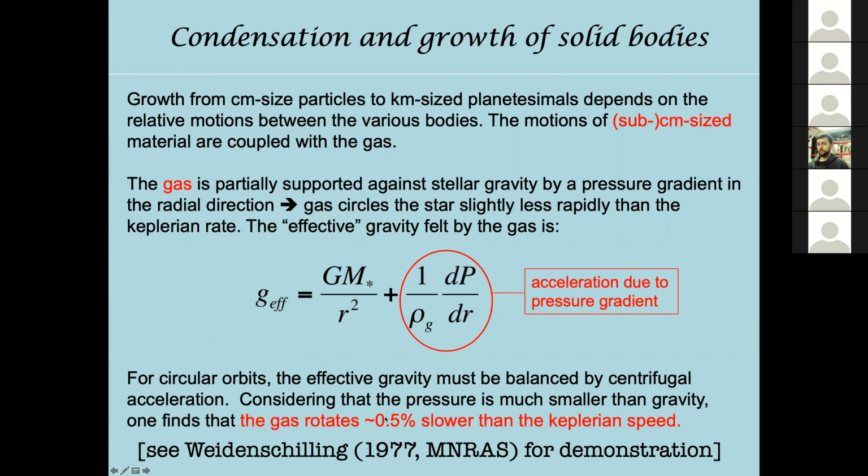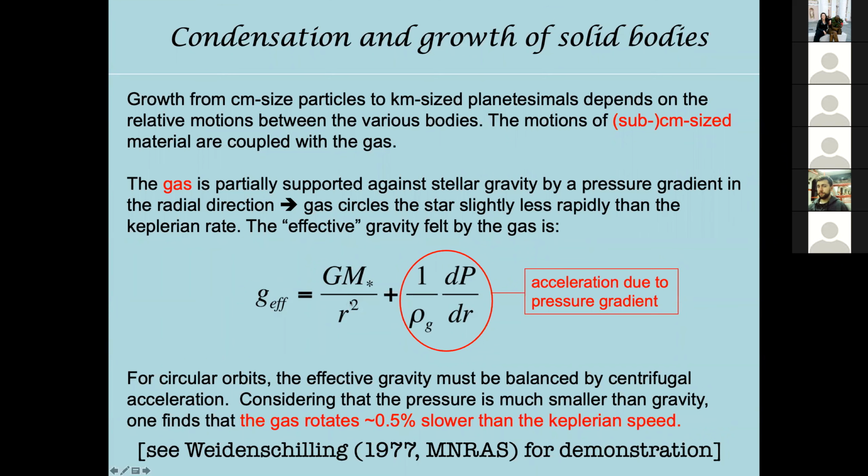As I wrote here, considering that the pressure is much smaller than gravity, one finds that the gas rotates about, you see it's a small number, 0.5% slower than the Keplerian speed.